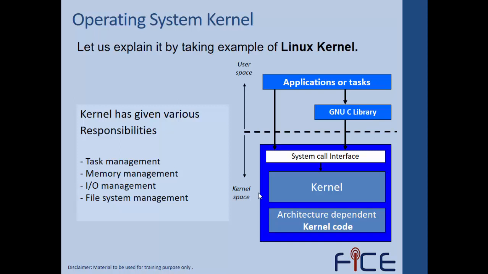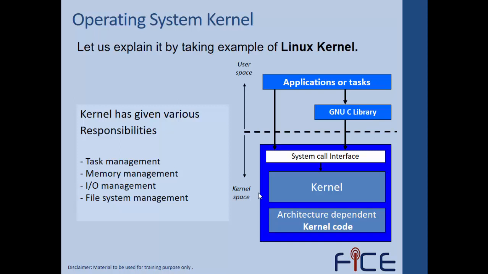Now let's explain it by taking the example of the Linux kernel. We have user space and kernel space. In user space we have applications or tasks, for example defined in higher-level languages. If we are writing an application using C, then we have the GNU C compiler. That compiler converts this into machine language.